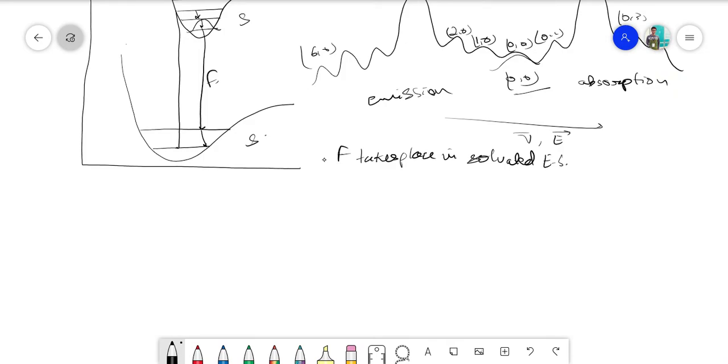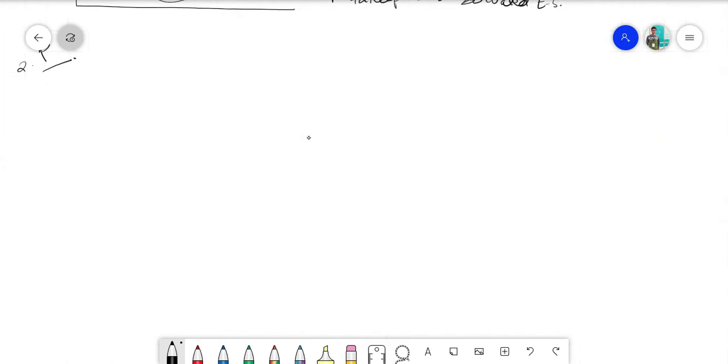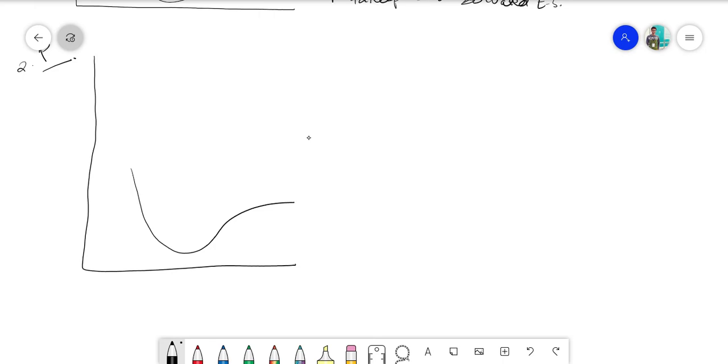Okay, take a look at phosphorescence. Now, for phosphorescence, there has to be a change in multiplicity. That would mean that at some place, two multiplicities should be present.